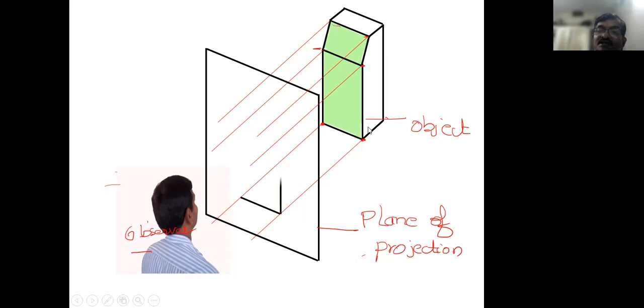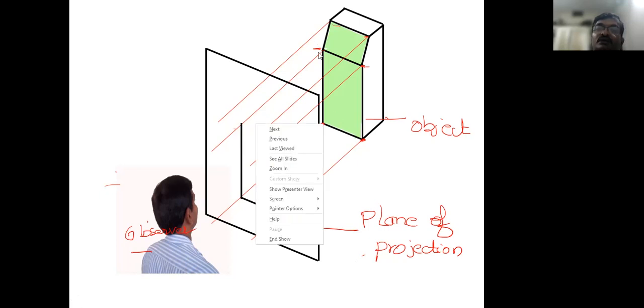This is a vertical edge, drawn on the plane, and another vertical edge starting from here and ending here.